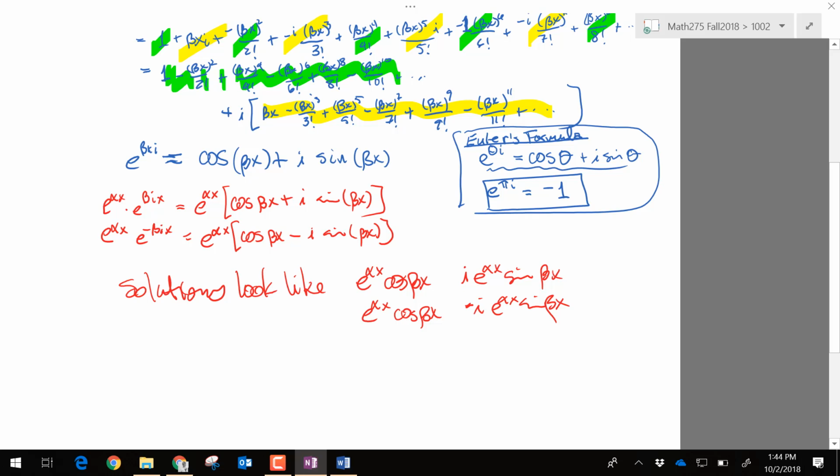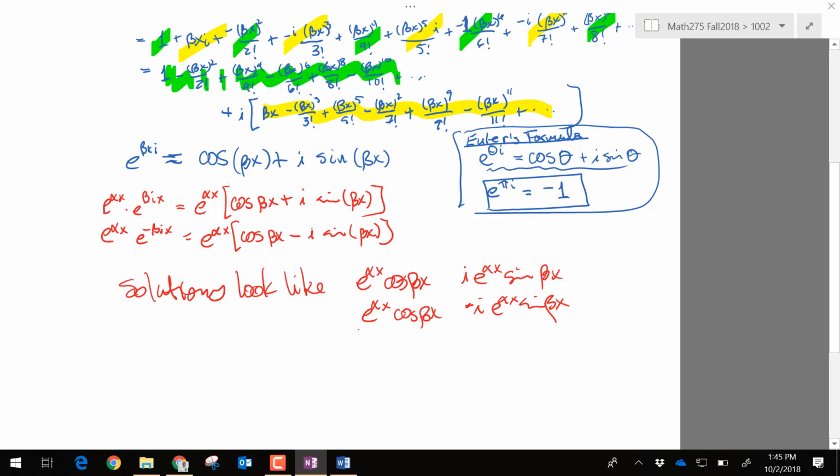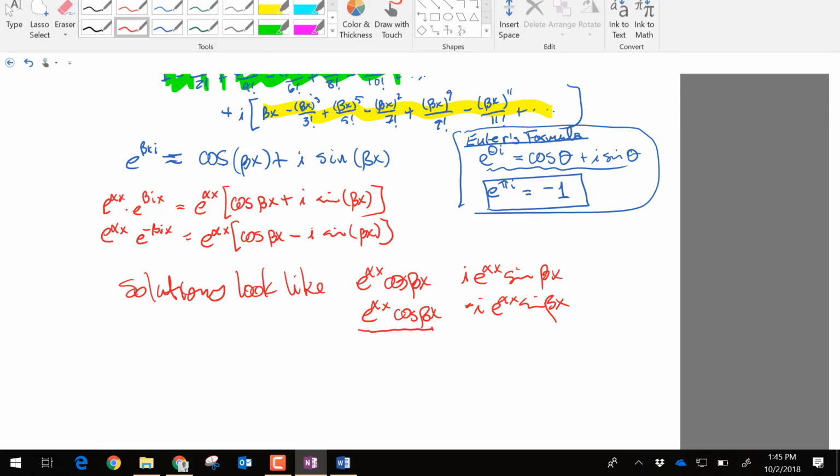One's positive, one's negative, but I tried to tell you in the beginning that i is an imaginary number and i is just a constant. So when you put constants in front of this, i can just merge into that constant that we've been dealing with. So what are the two linearly independent solutions we have here? Now, the cosine and the sine.